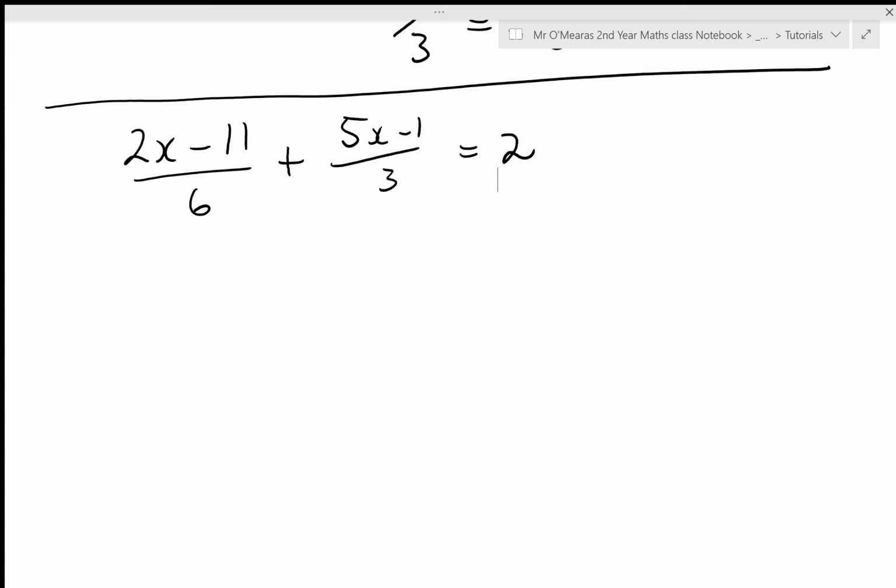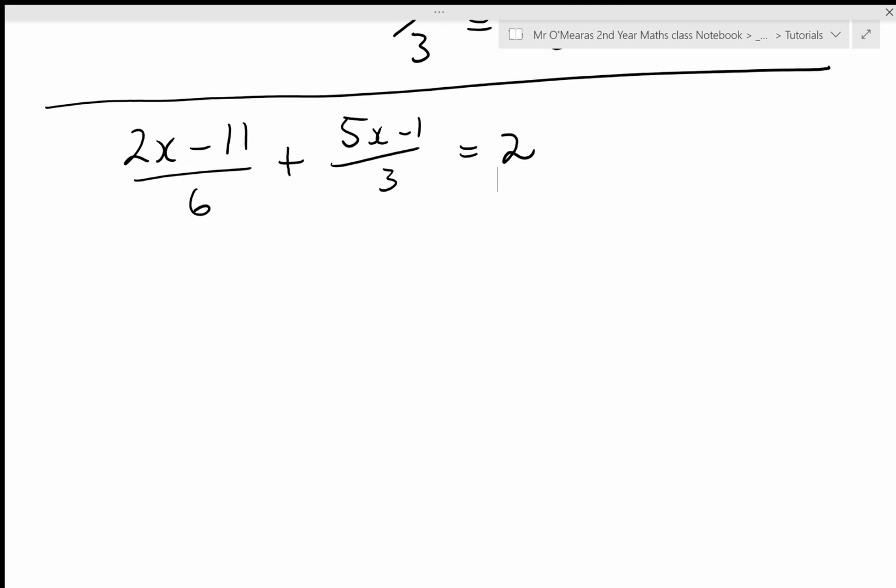In this situation, we have denominators of 6 and 3. If you remember from dealing with fractions previously, you would find the lowest common denominator.